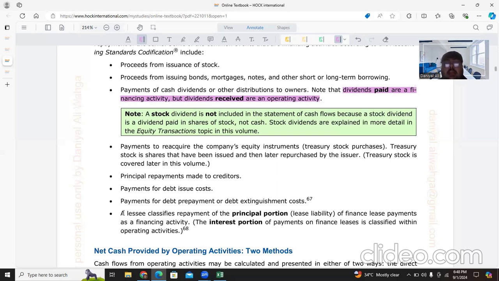I already explained this point very deeply: if you are a lessee and you classify the principal amount of a lease payment of a finance lease, then it is a part of your financing activities. It is in the books of the lessee, not in the books of the lessor. You need to understand that. Already your interest portion is mentioned in the operating activities. Here you have a list of that as well.